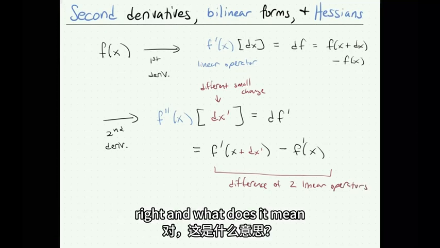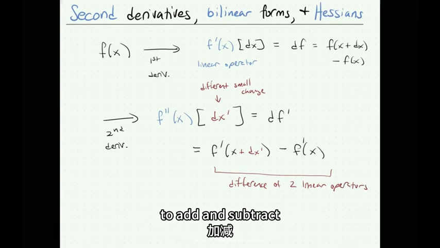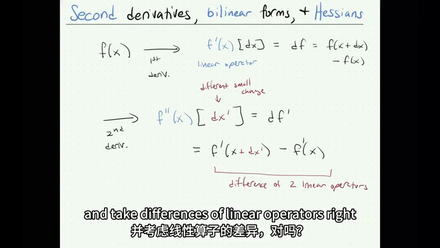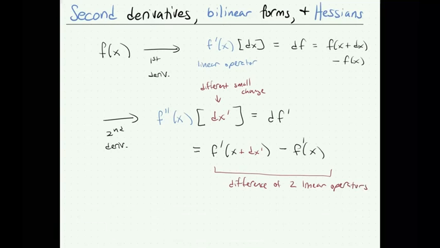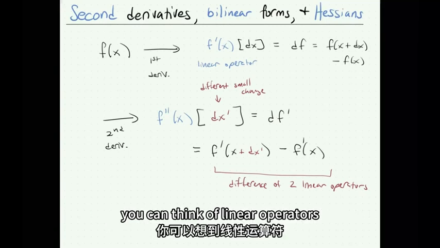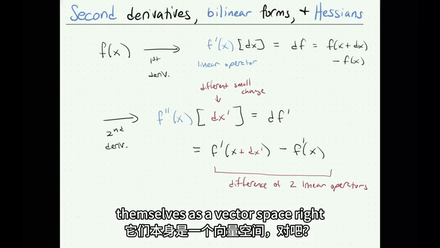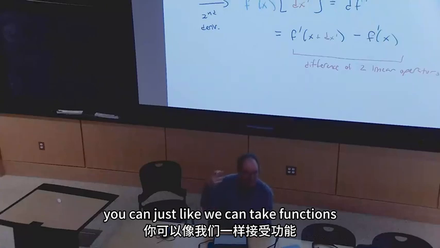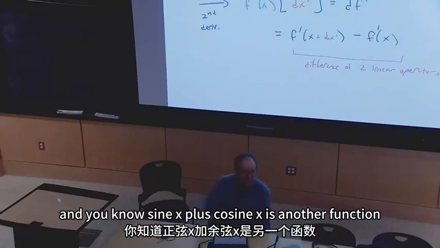And what does it mean to add and subtract and take differences of linear operators? We did a little bit of this in problem set 1. You can think of linear operators themselves as a vector space, just like we can take functions, sine x plus cosine x is another function.